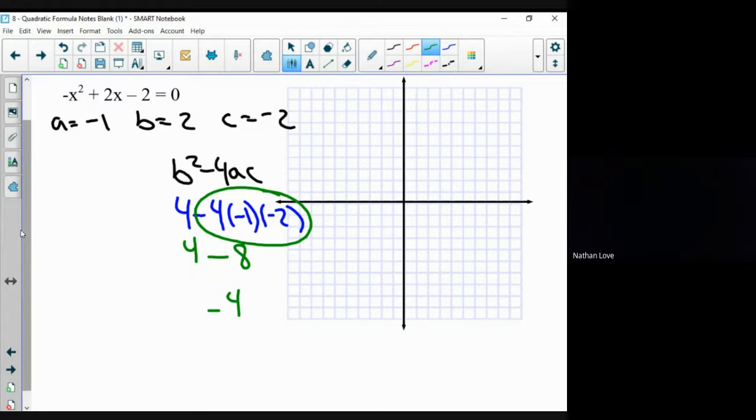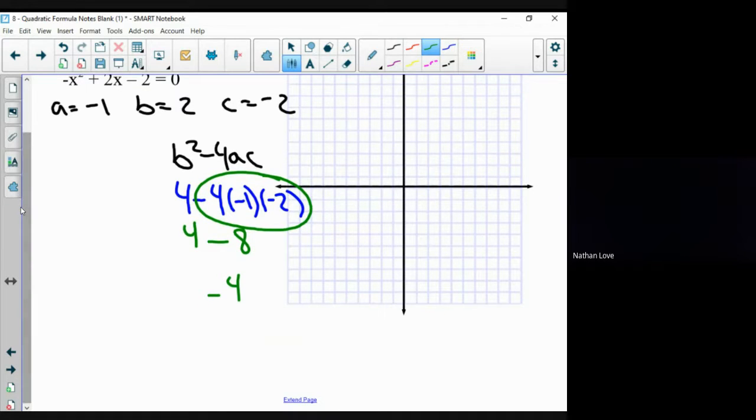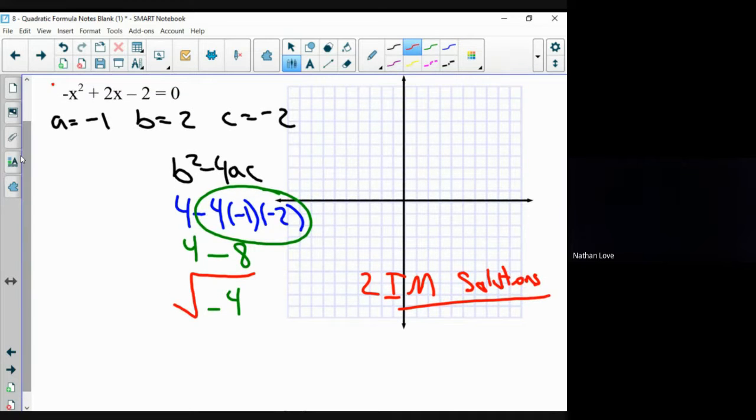So you end up with -4. All right, now, guys, remember, this is the part that's under the what? The root. So we end up with 2 imaginary solutions. You're going to be asked how many solutions you will have, what type they are. There'll be like 2 real, 2 imaginary, only one.